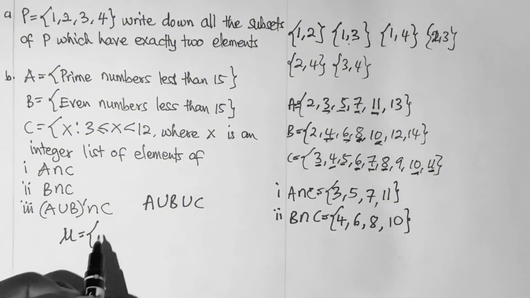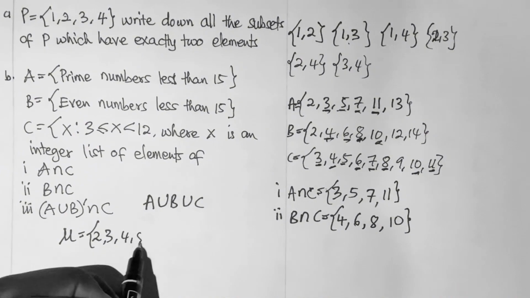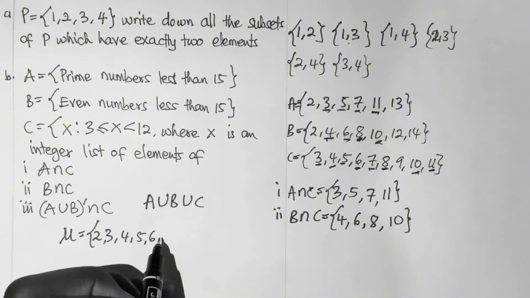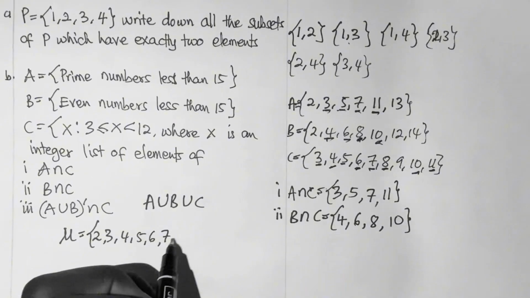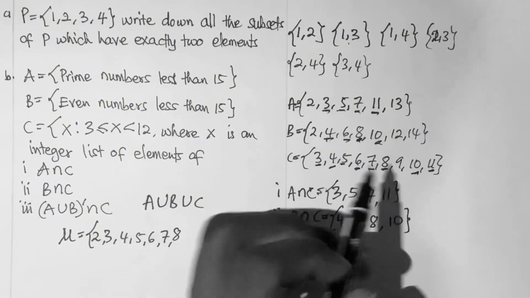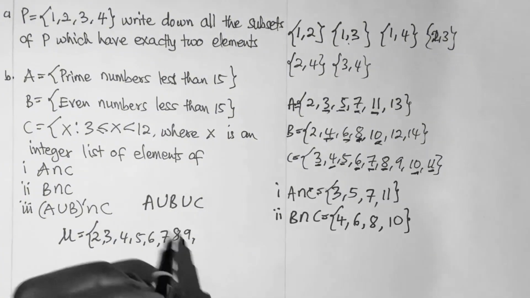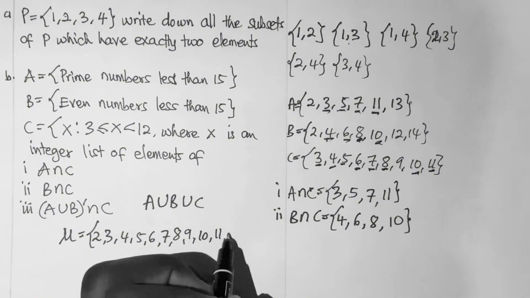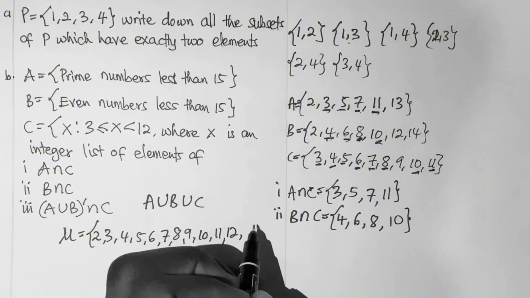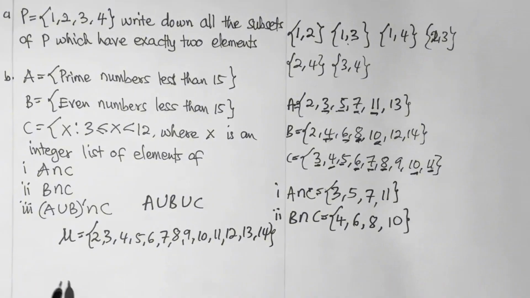So if you look through, we have 2, 3, 4, 5, 6, 7, 8, 9, 10, 11, 12, 13, and then 14. So this is the universal set.